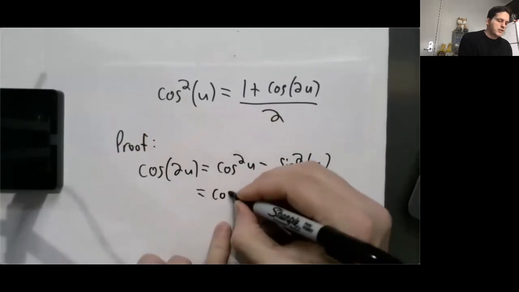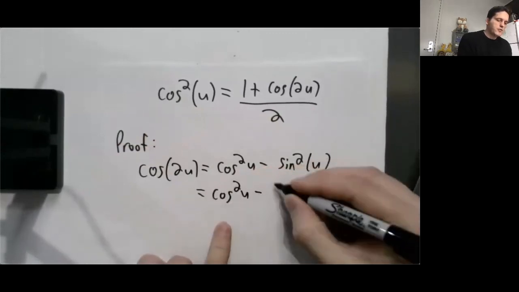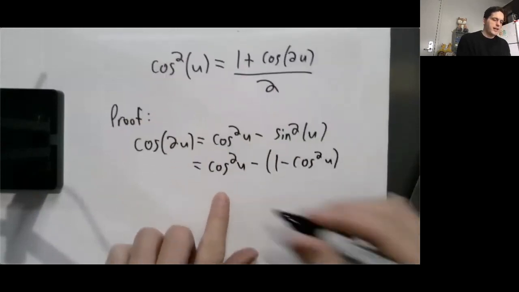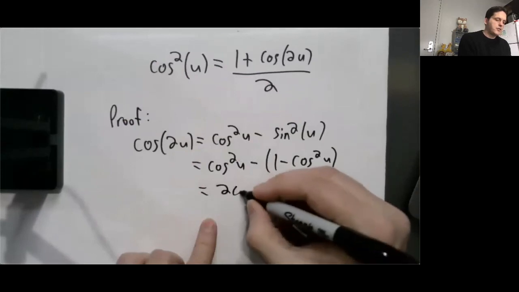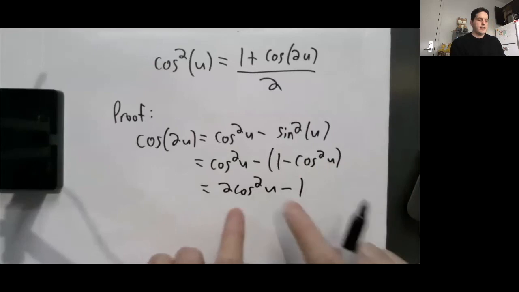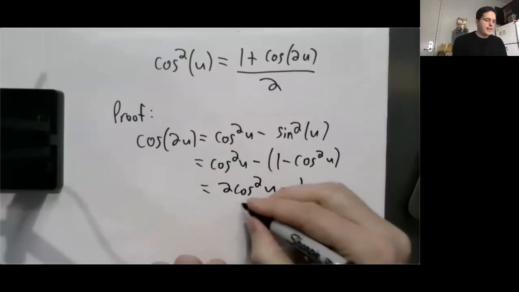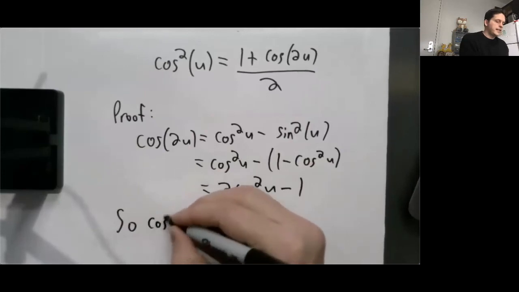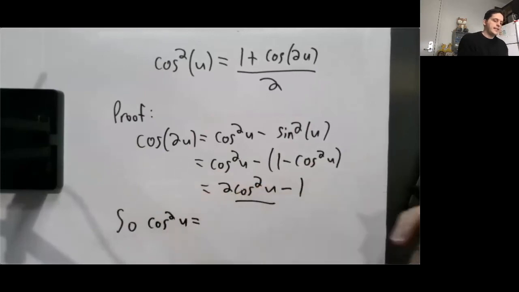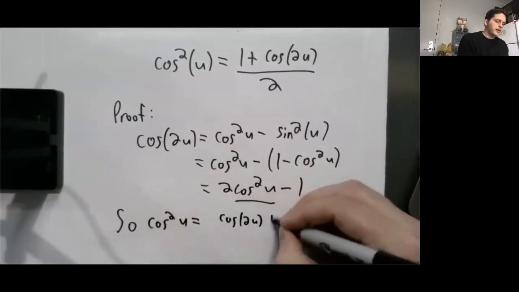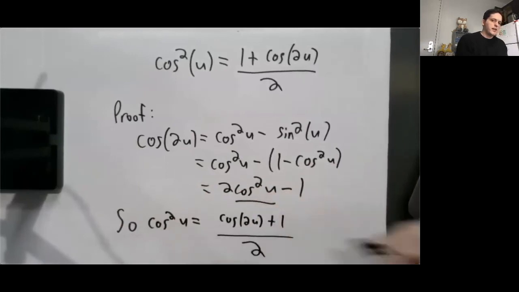So this is equal to cosine squared u minus (1 minus cosine squared u). And that is equal to 2 cosine squared u minus 1. So now just isolating this term, we discover that cosine squared of u is equal to cosine of 2u plus 1 over 2.